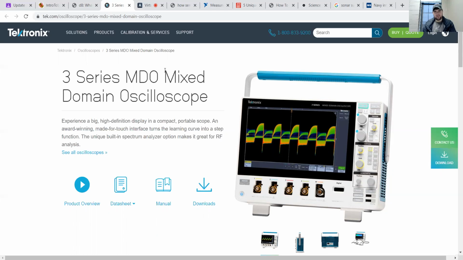You can adjust everything on it and analyze these waves mathematically and get a good idea for what's going on. And this thing has so many bells and whistles, and I've been looking into some videos on how to use it and some cool functions that go along with it. It's very fascinating. I really look forward to continuing to play around with it and figuring out what all it can really do.